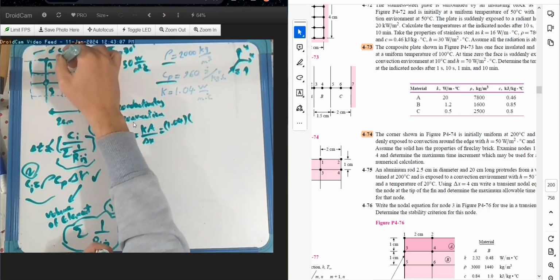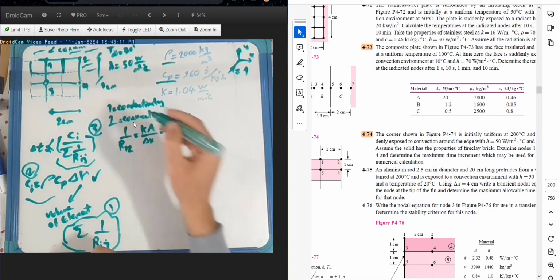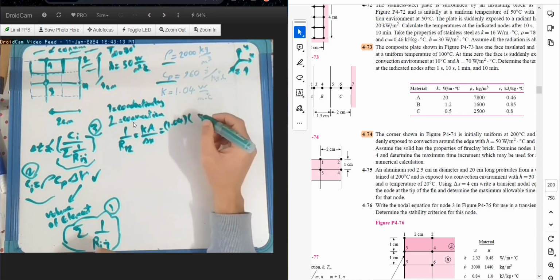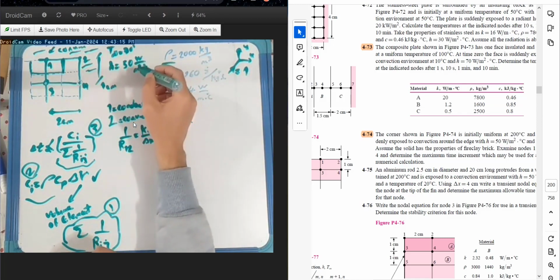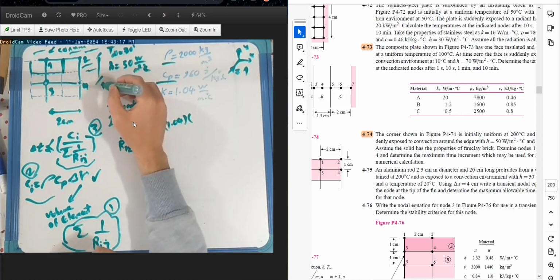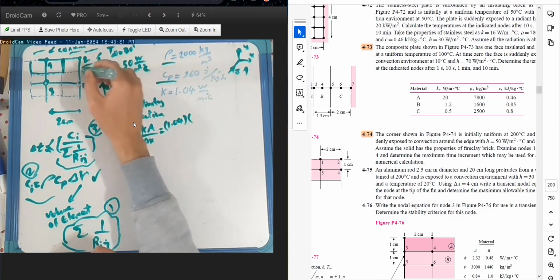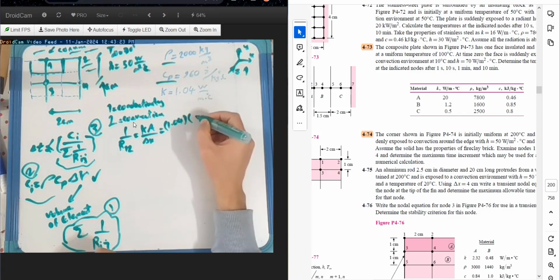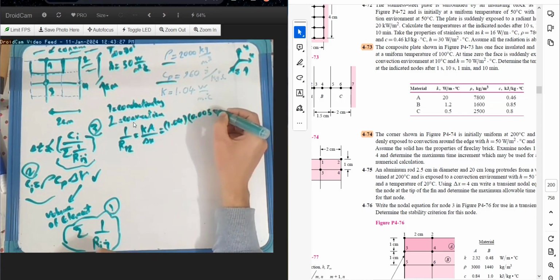This would be the area of resistance, which is half of this 1 centimeter. Half of that would be 0.005 meter.